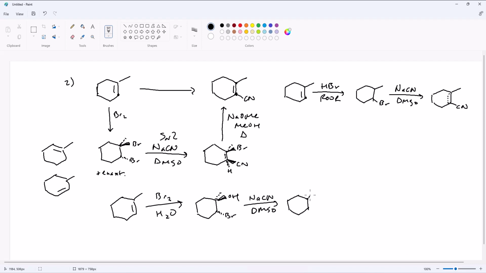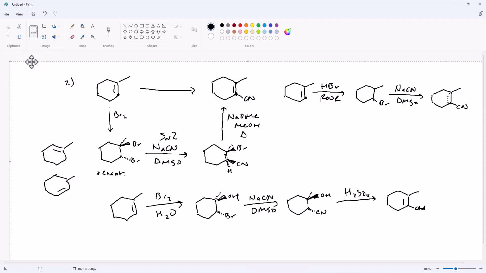Now there's no risk of having substitution at the OH because the OH is a bad leaving group. So that will not do substitution. You run no risk of competing reactions. And then finally, to form the alkene, you could do something like a dehydration to form the tetrasubstituted alkene, the same product that we saw above. So either of these routes would work equally well.